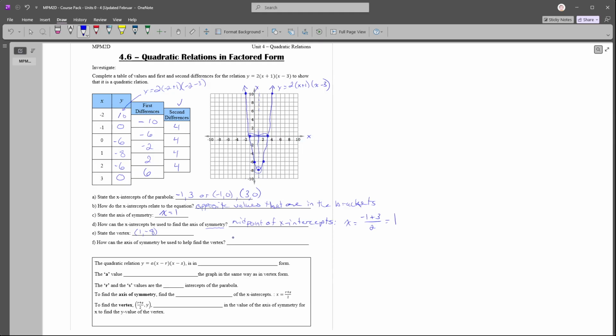So we are going to sub in the axis of symmetry, in this case x is equal to 1, into the original relation.